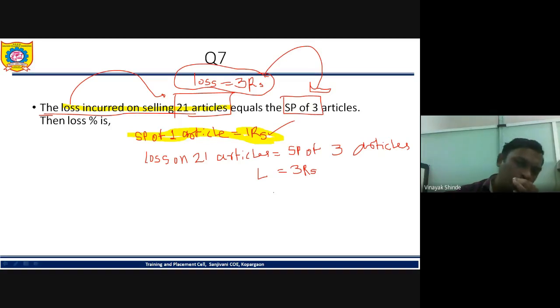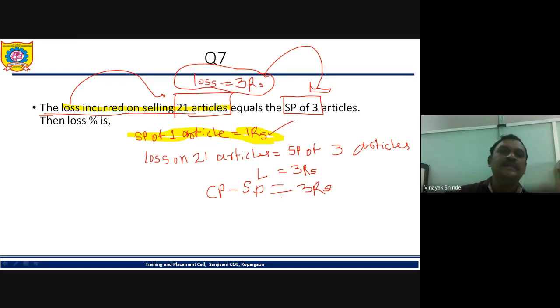And now what is the formula of loss? The formula of loss is cost price minus selling price, and this is 3 rupees. But how many articles is the business of? 21 articles. If you sell 21 articles, then you get a 3 rupees loss. So here we need to consider the selling price of 21 articles, because this is a business of 21 articles.